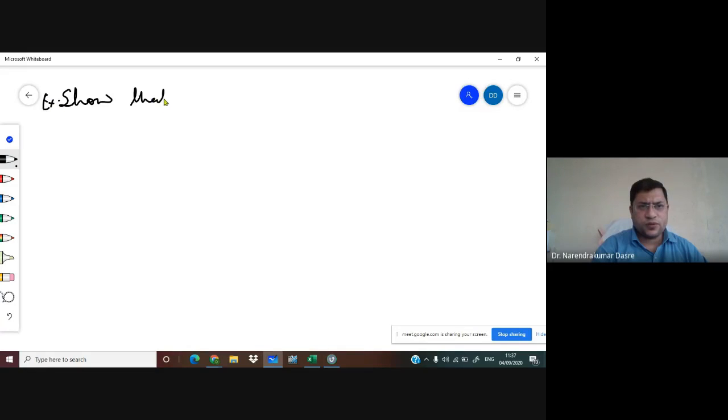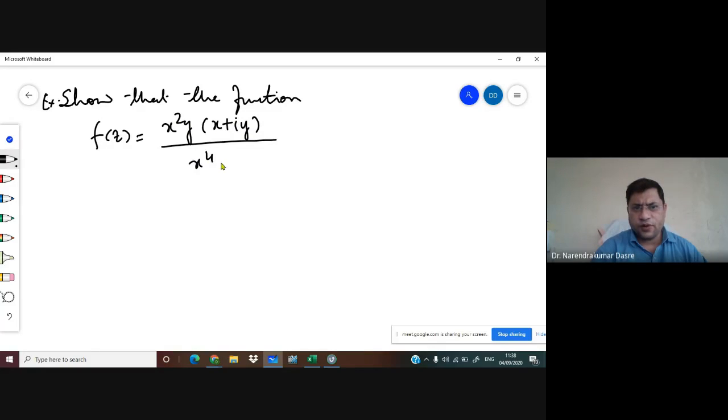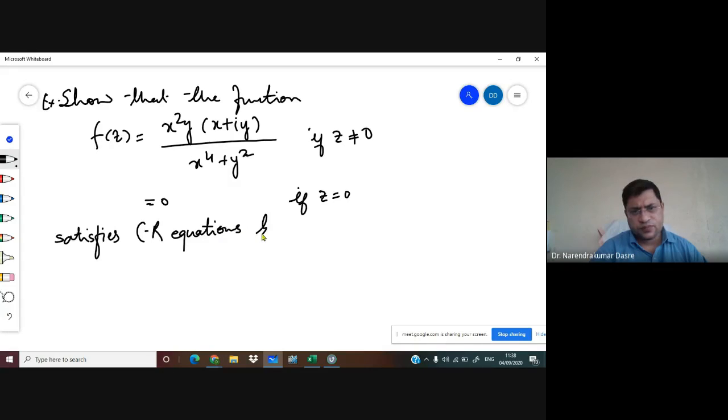We have the example. Show that f of z is equal to x square y times (x plus iy) over x raised to 4 plus y square if z is not equal to 0 and is equal to 0 if z is equal to 0, satisfies CR equations but is not analytic at z equal to 0.